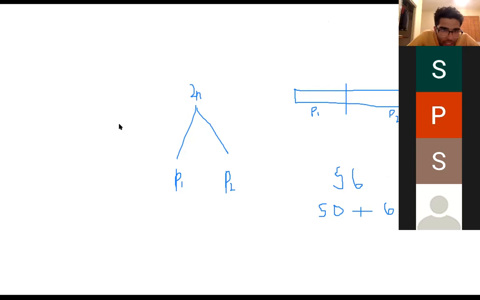For example, if your natural number is 7, you have 11 and you have 3. Suppose your natural number is 18, you have 23 and you have 13. So you can find two prime numbers that are equidistant from your natural number on either side.